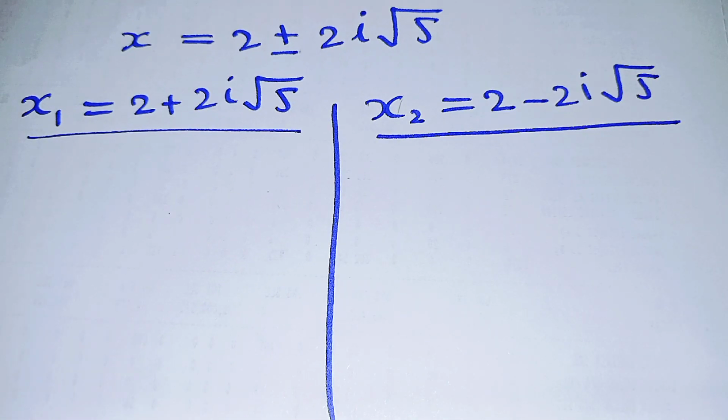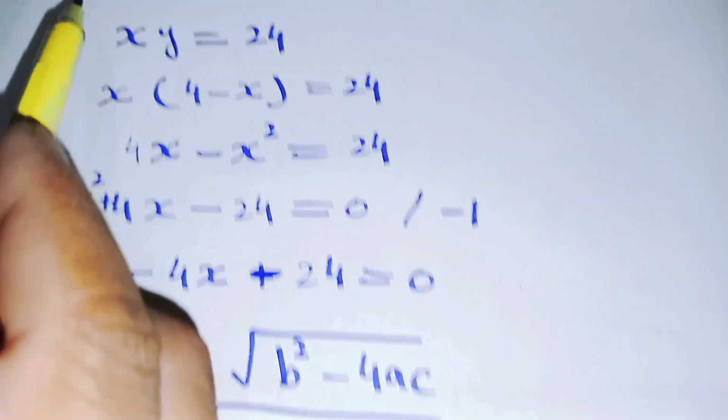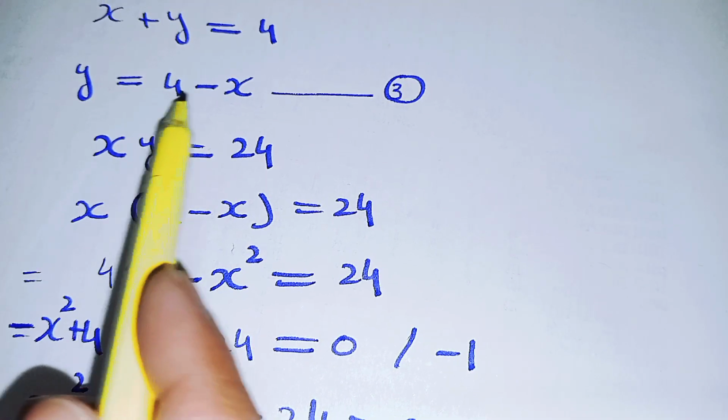Now we find y using the third equation, y is equal to 4 minus x.